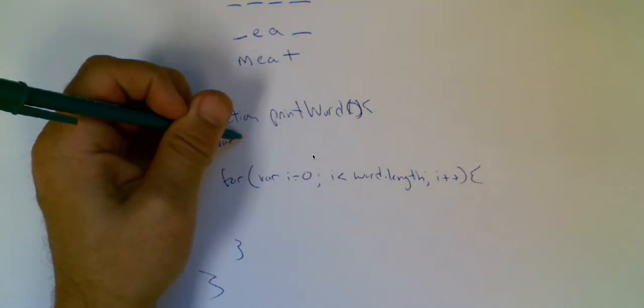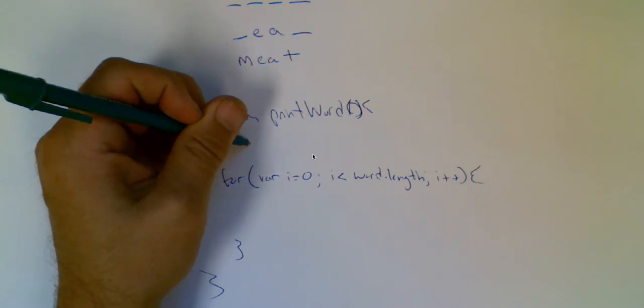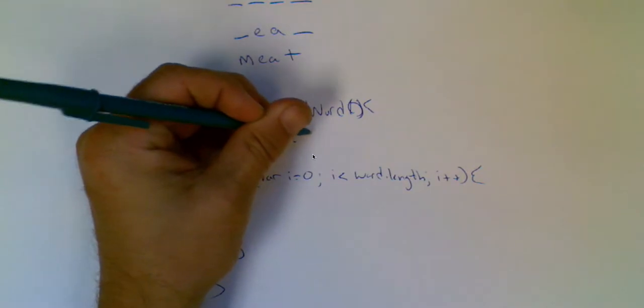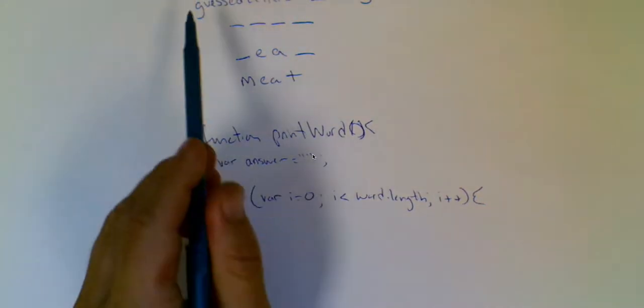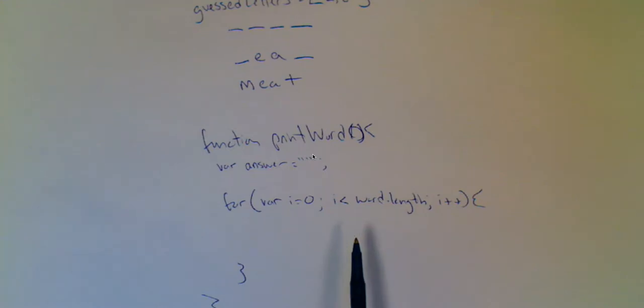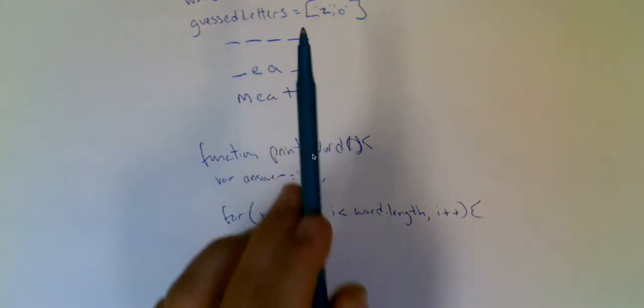Let's make our answer word, or yeah, sure, we'll call it answer. That's going to be our underscore mixed with letters that we're going to build right now. So we're iterating over every letter in word, and there's two options really, right? Either the letter that we're on, word of i, is either in guessed letters or it's not.